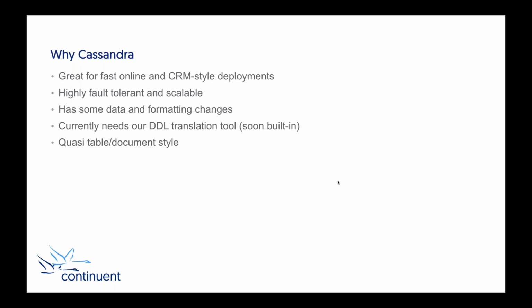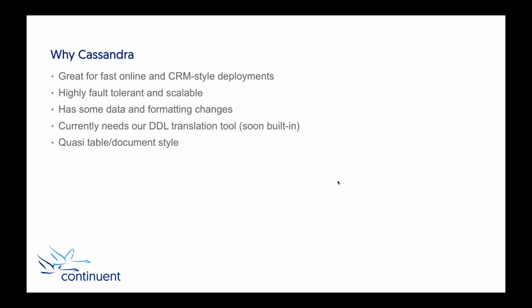It's highly fault tolerant in that Cassandra is typically designed to be part of a cluster, so you would have 3, 5, 10, 100, 1,000 nodes in your cluster, and that information is written into the cluster and distributed around, so that in the event of any problem, there are always multiple copies of that information.